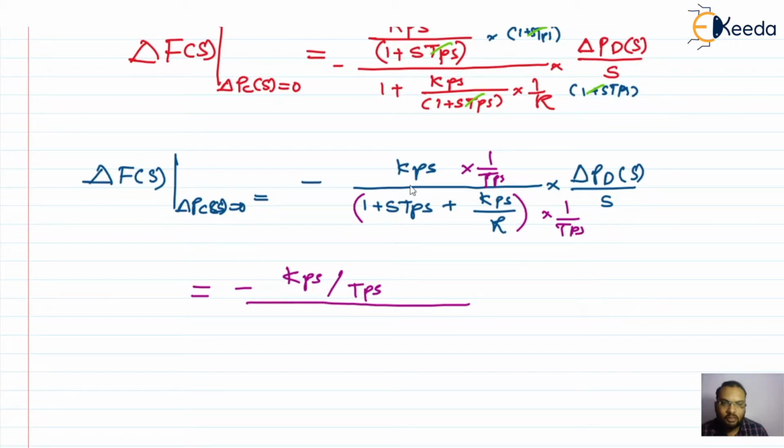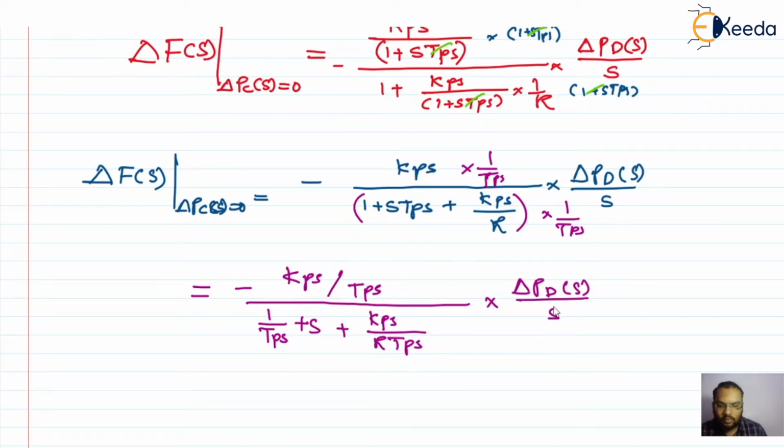When we multiply this in bracket, the first term will be 1 upon TPS, then the TPS gets cancelled, we get 1 s here only, and here we get KPS divided by R TPS, of course with delta PD of s divided by s.